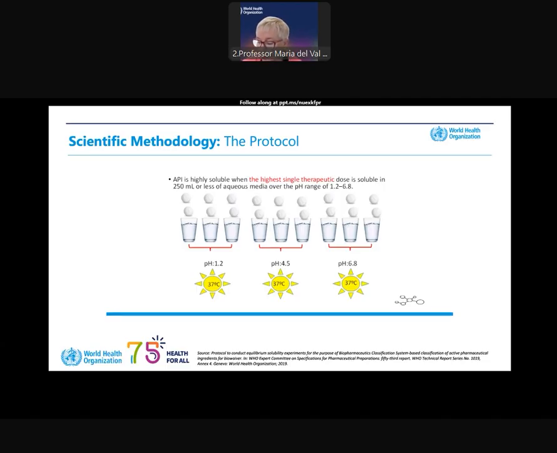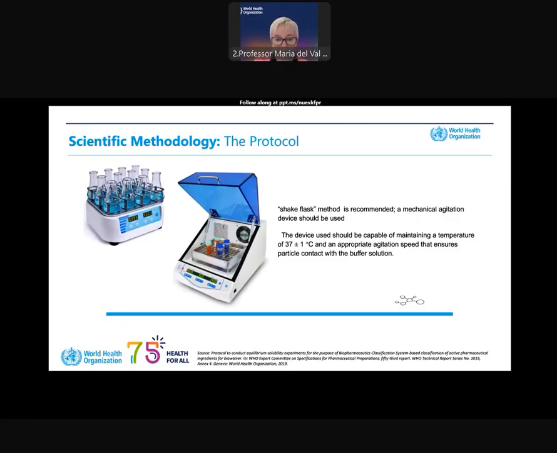In general, the pH solubility profile of the API should be determined at 37 degrees in an aqueous media, at least at these 3 pHs, as John mentioned, and using at least 3 replicates. Next.